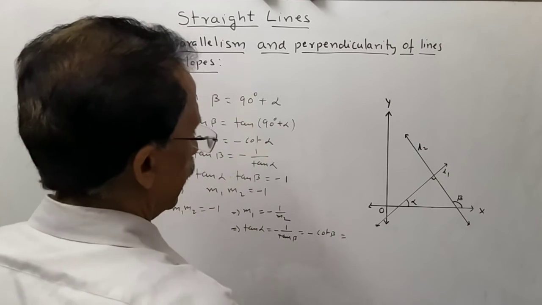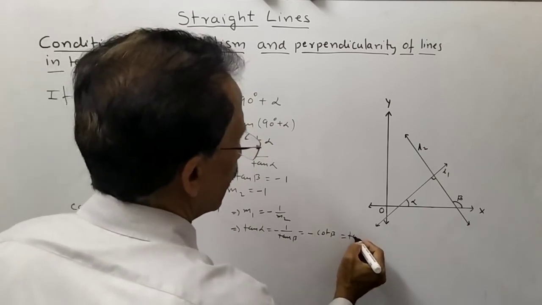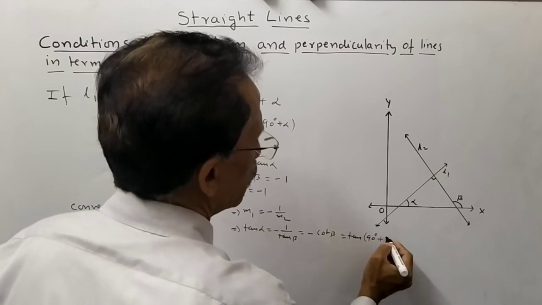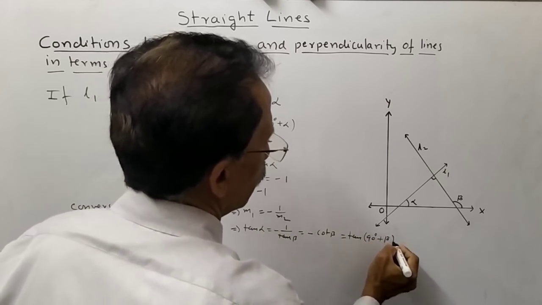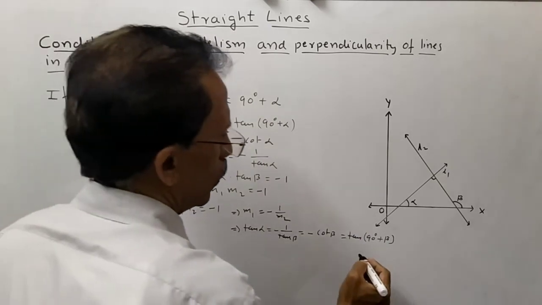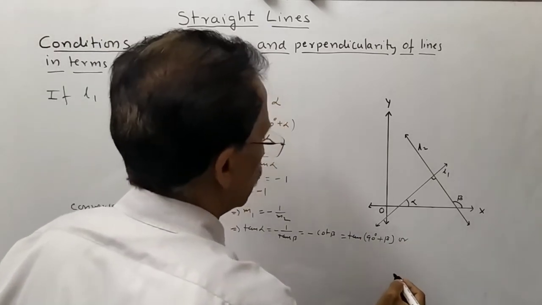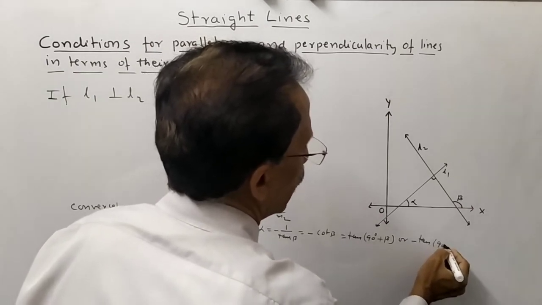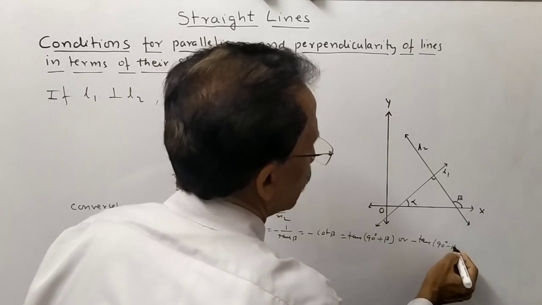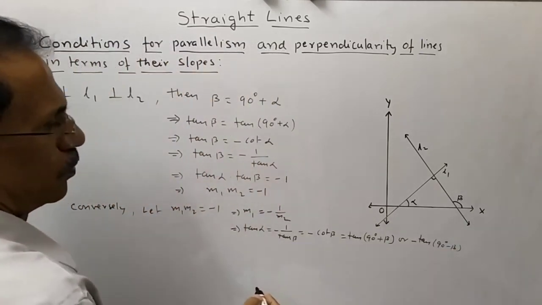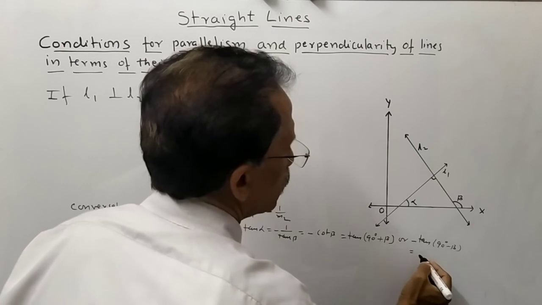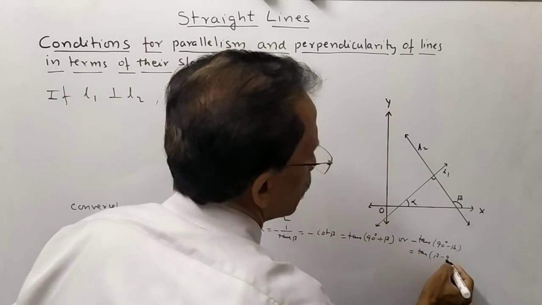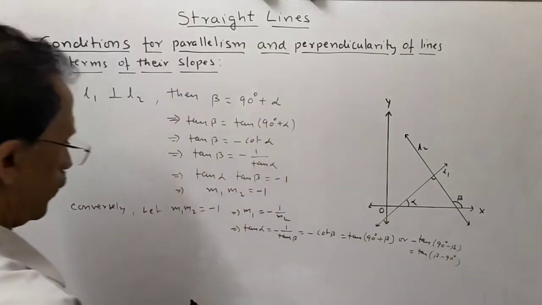This is nothing but tan of 90 degree plus beta or minus tan of 90 degree minus beta, that is tan of beta minus 90 degree.